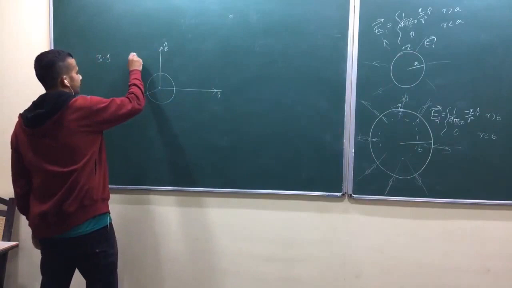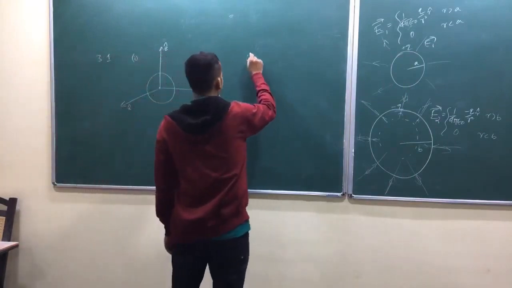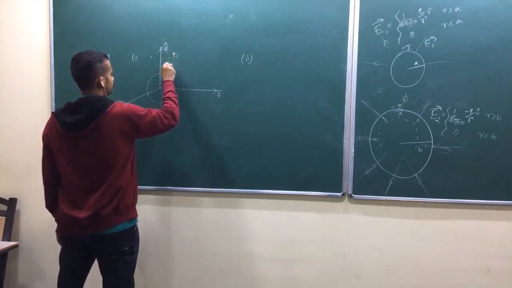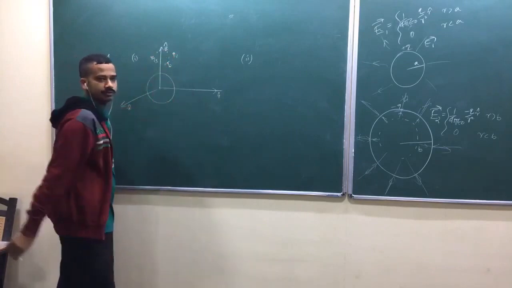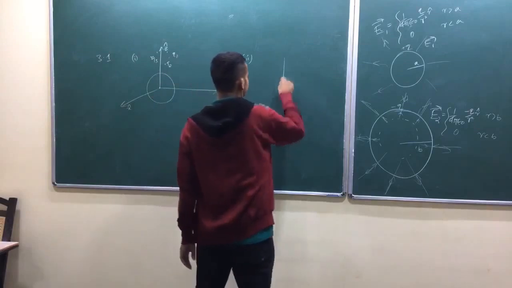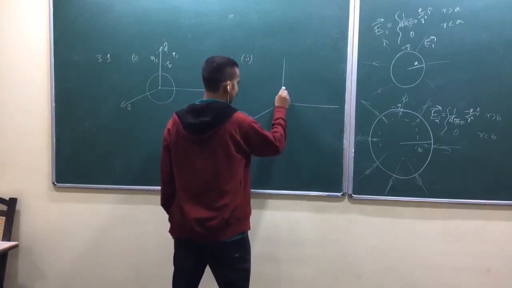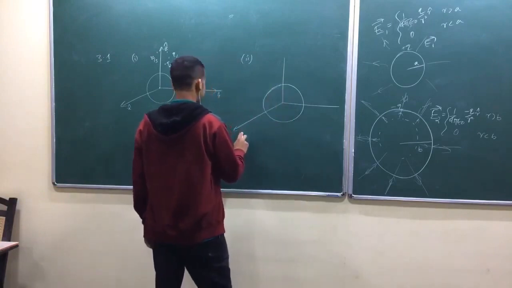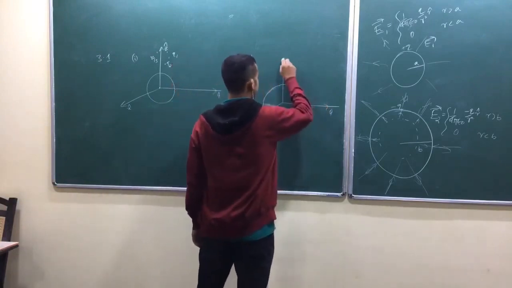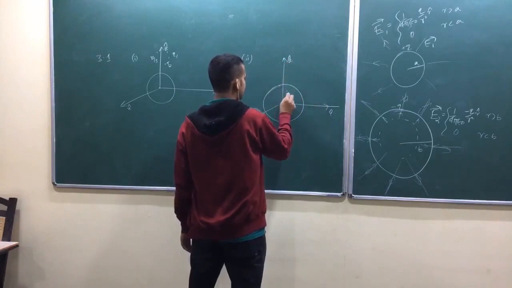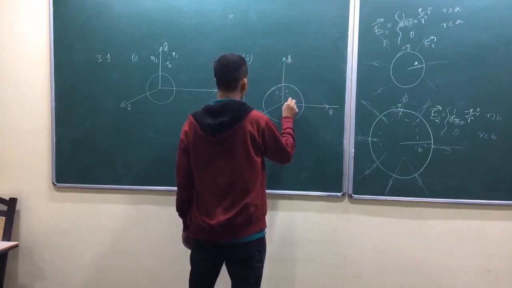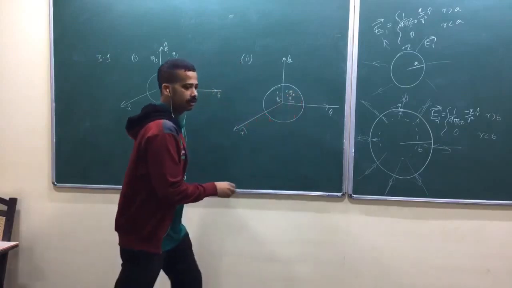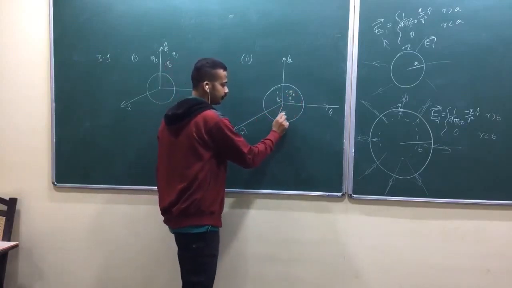In one situation, you have charges outside, Q1, Q2, Q3 like that. In the other situation, charges are only inside, Q4, Q5, Q6 like that. This is a spherical surface of radius r.